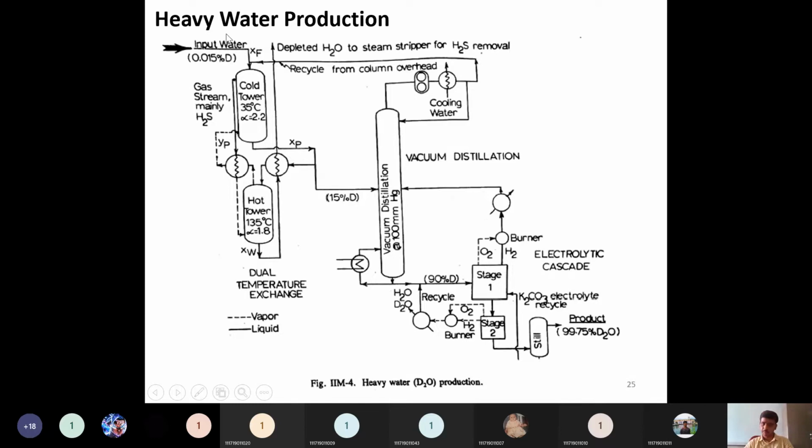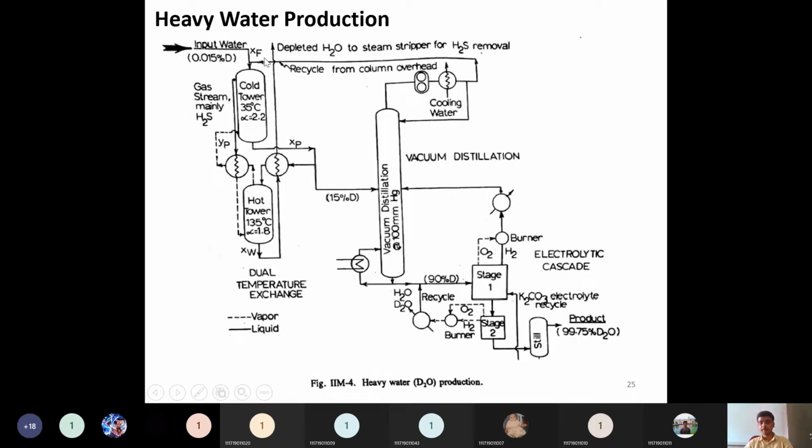Normal water will be input from here and the H2S will be supplied from here. They go to the cold tower at 35 degrees centigrade, and then go to the hot tower.